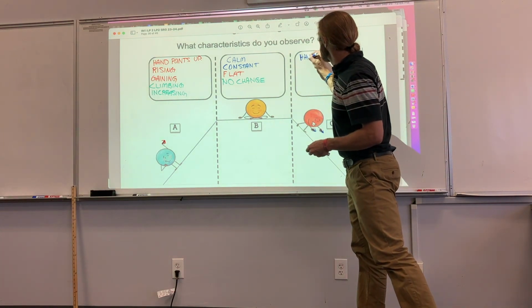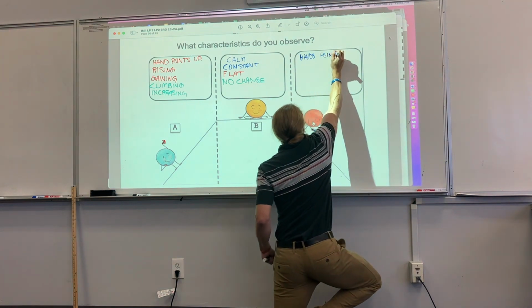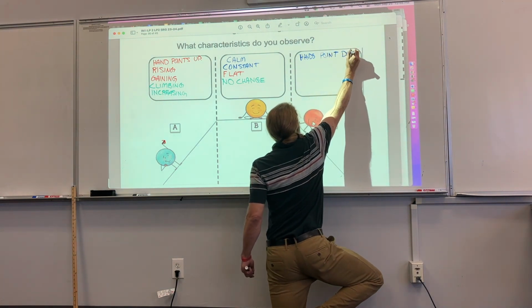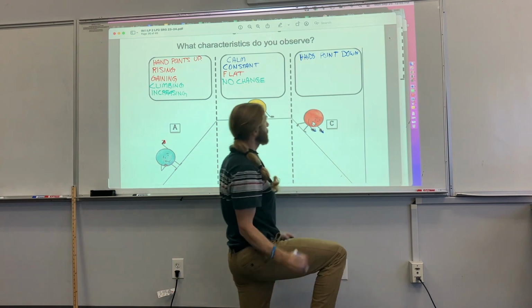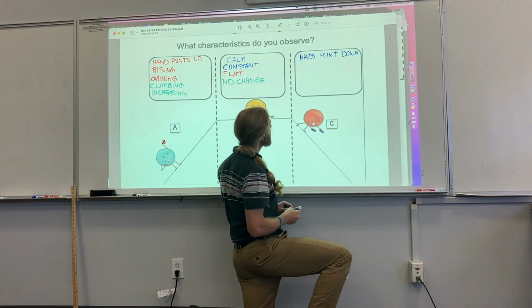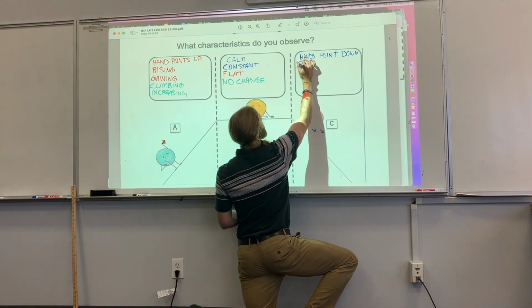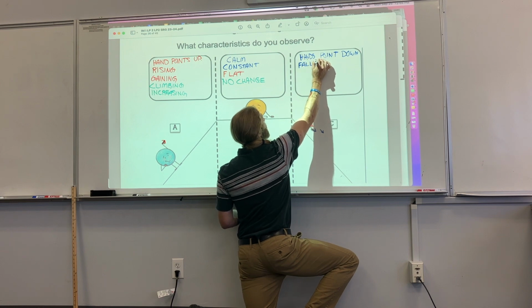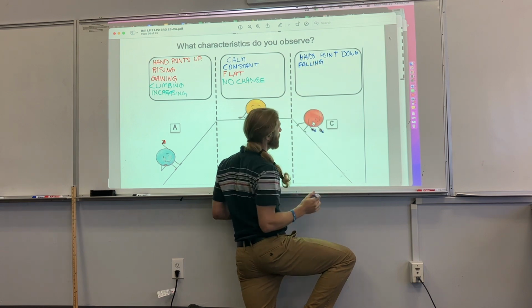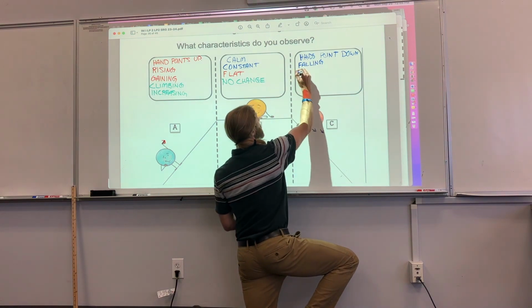Hands point down. It's like a ski slope. He's descending. He's losing, or he's falling. Maybe losing.